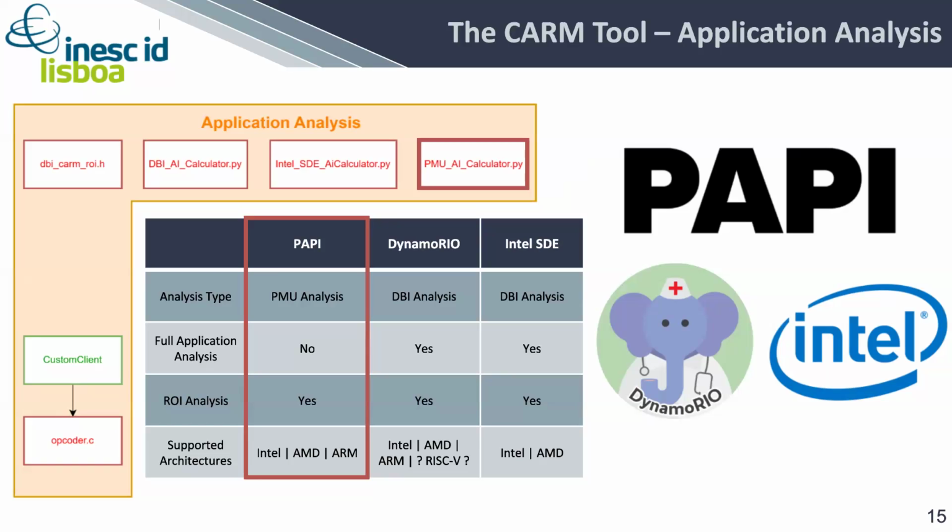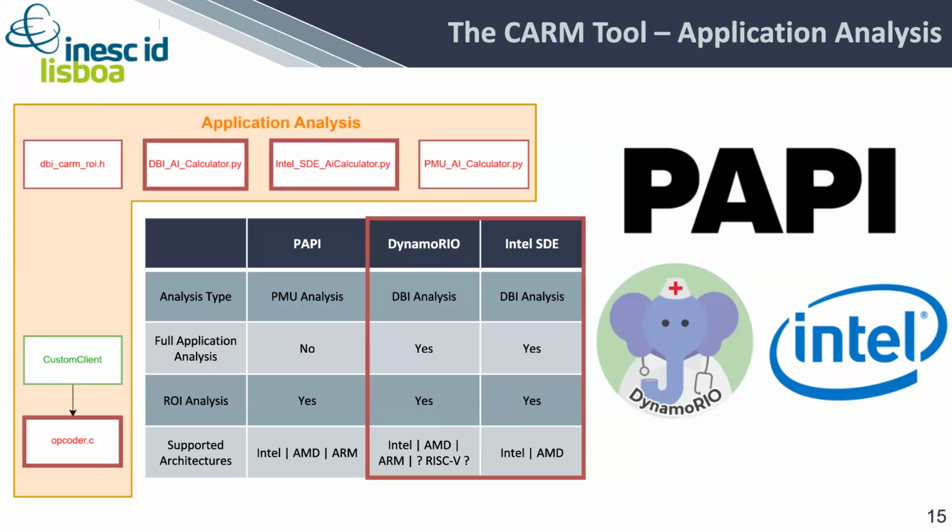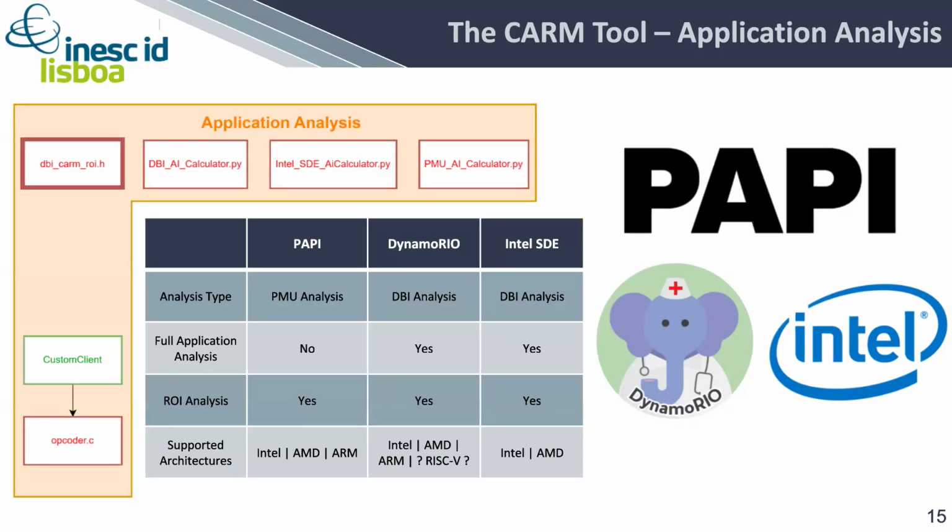And for the dynamic binary instrumentation, we use Intel SDE and DynamoRIO, and we also developed a way to automatically interface with them and define a region of interest from which we obtain a breakdown of executed opcodes, which is then used to calculate the CARM metrics like gigaflops and AI to plot the application in the CARM. And this last integration is facilitated by the DBI CARM ROI header file, which contains a simple API we developed to interface with both DynamoRIO and Intel SDE to define the region of interest.